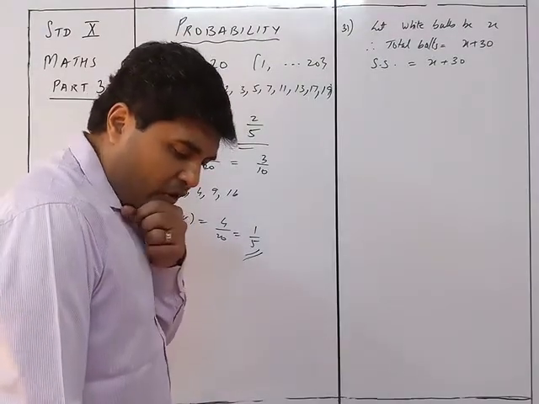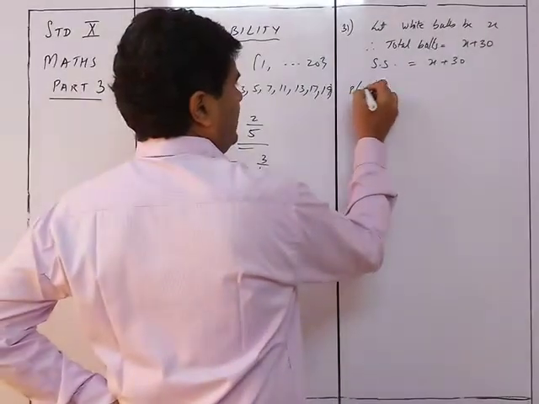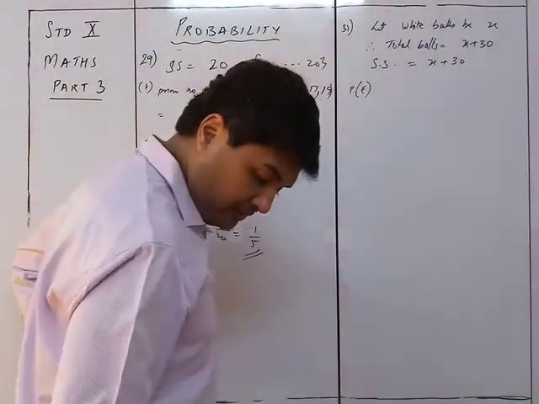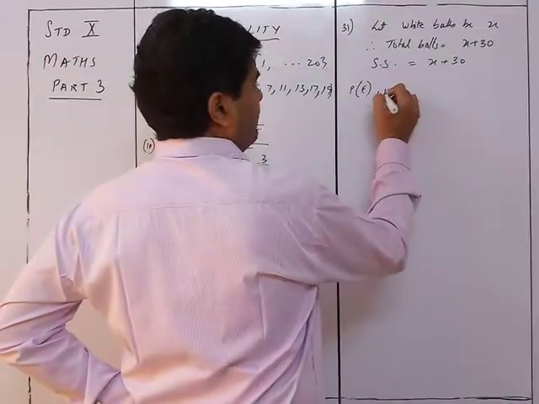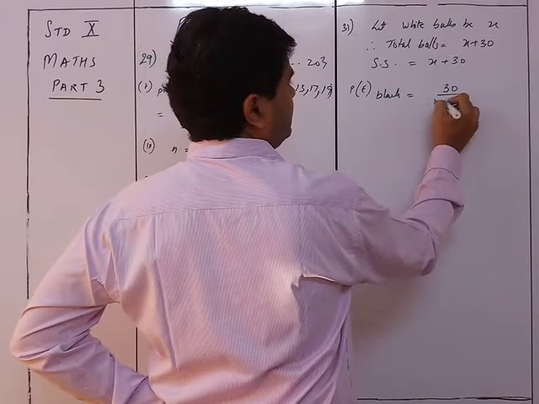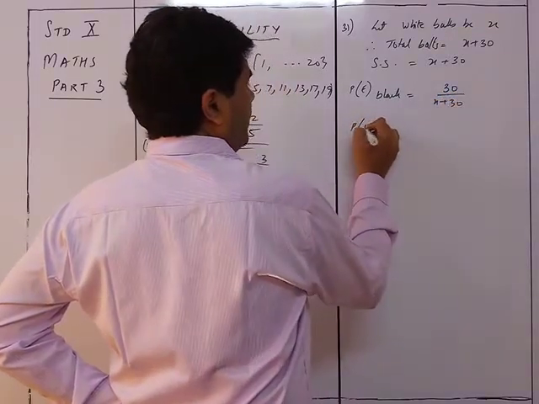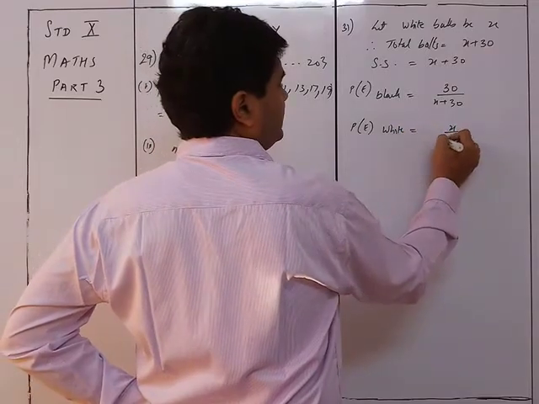If the probability of drawing a black ball is 2/5 that of a white ball, we see that probability of drawing a black ball is equal to 30 upon X plus 30, and probability of drawing a white ball will be equal to X upon X plus 30.